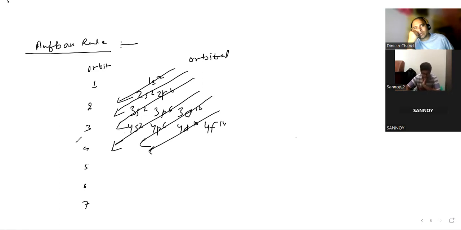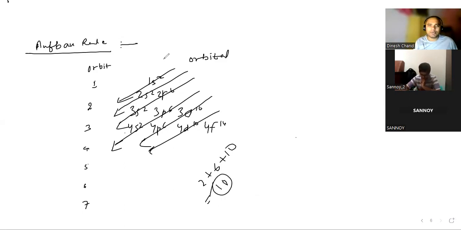So total electrons will be how many? Sir, 2 plus 6 plus 10, that is 18. So you are doing this correctly. So you do not need to write this one.